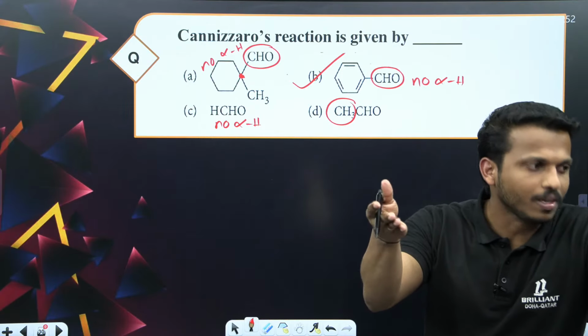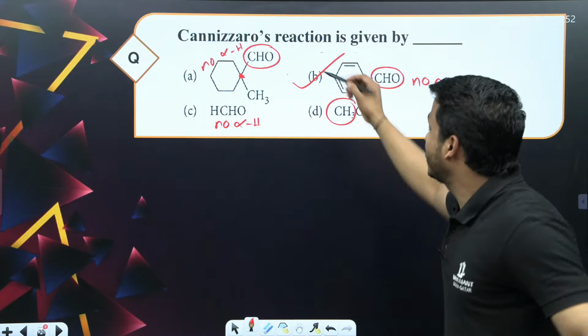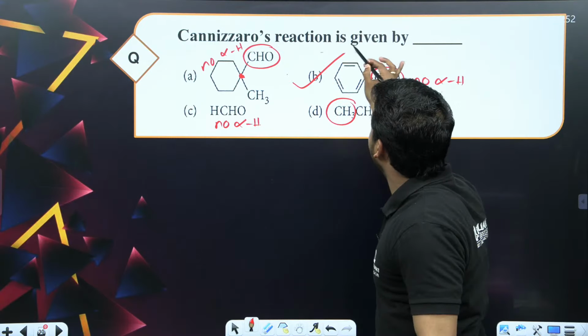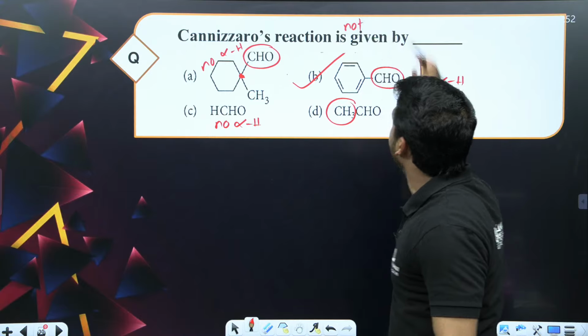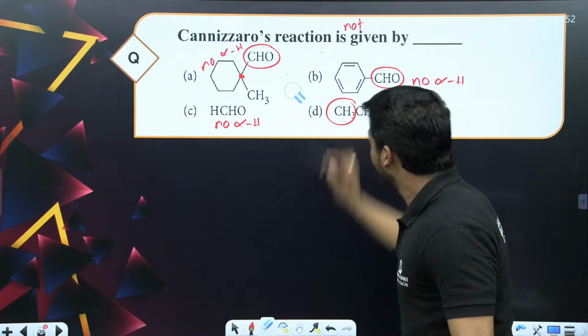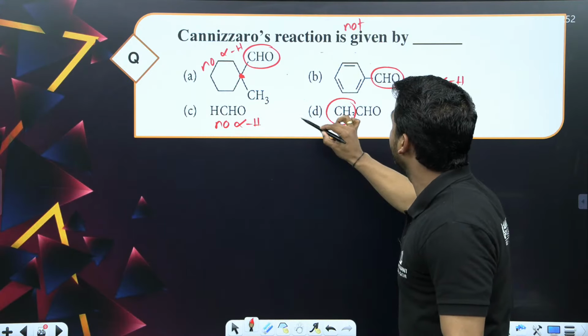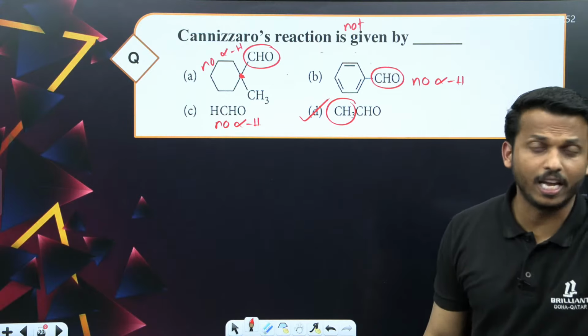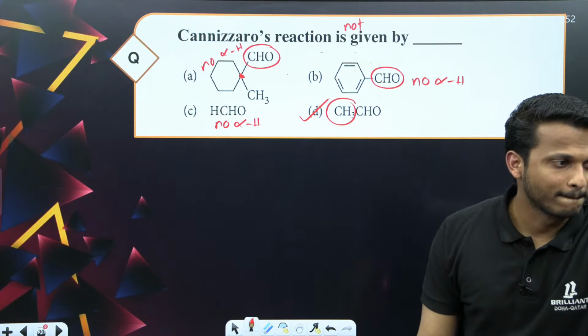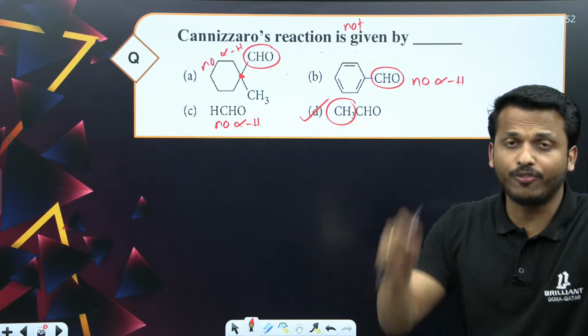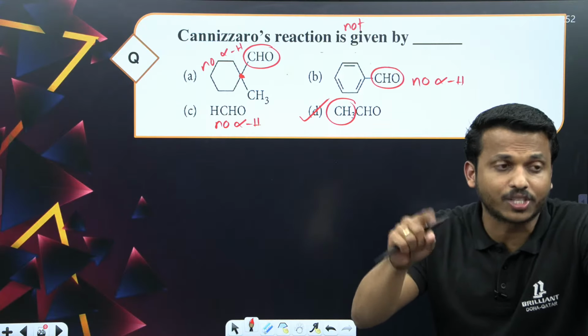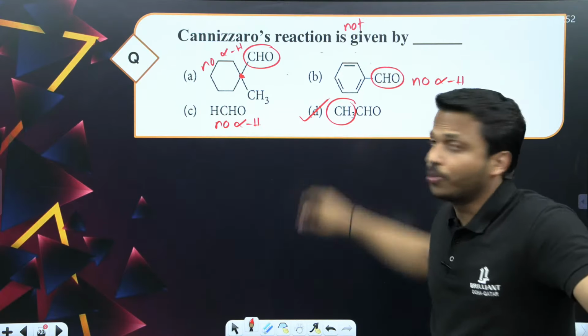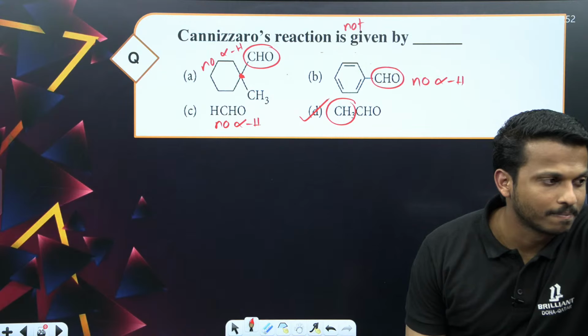So the corrected question is: Cannizzaro reaction is not given by. Option D can be the correct answer. Cannizzaro reaction not given by option D, correct or not?